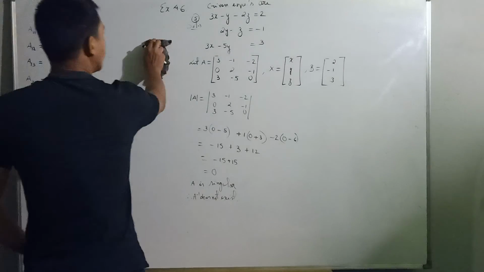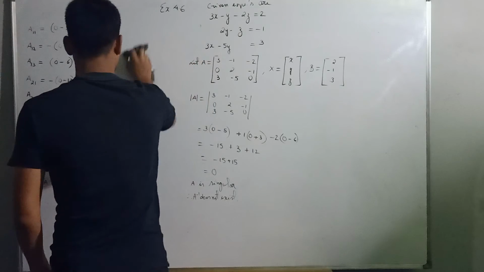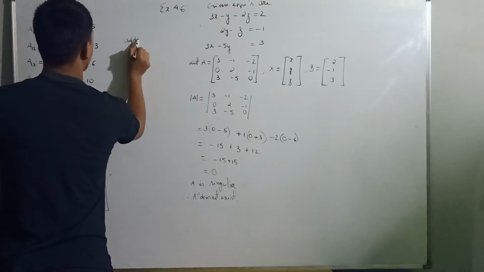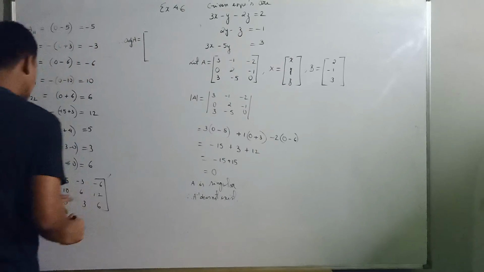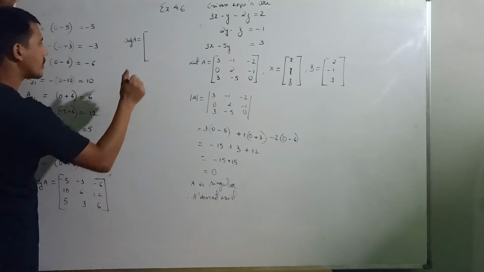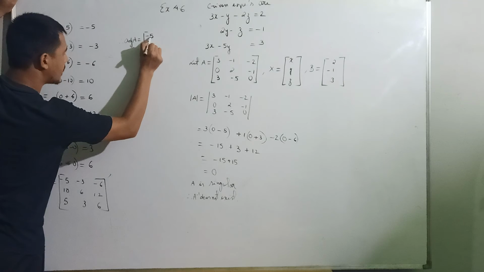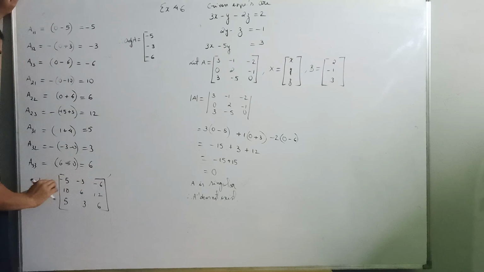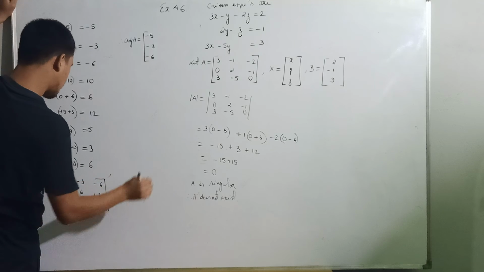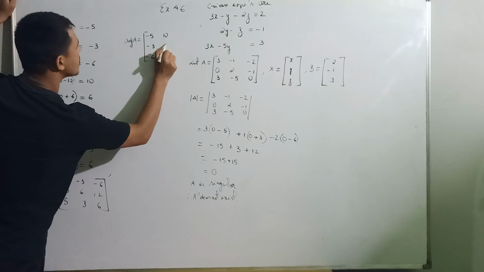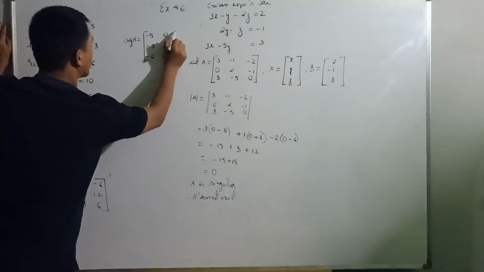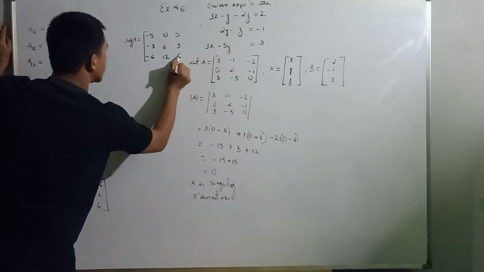Now the transpose of this matrix: first row becomes the first column, minus 5, minus 3, minus 6. Second row becomes the second column, 10, 6, 12. Third row becomes the third column, 5, 3, 6.